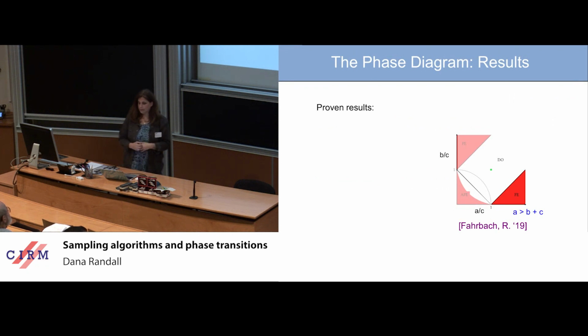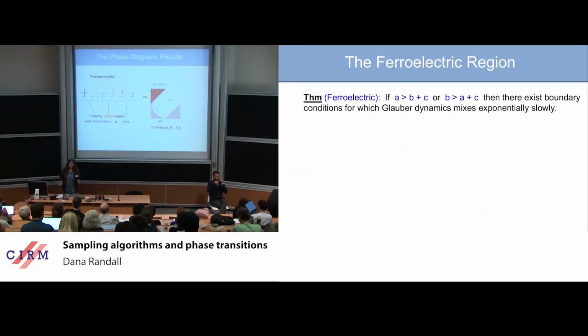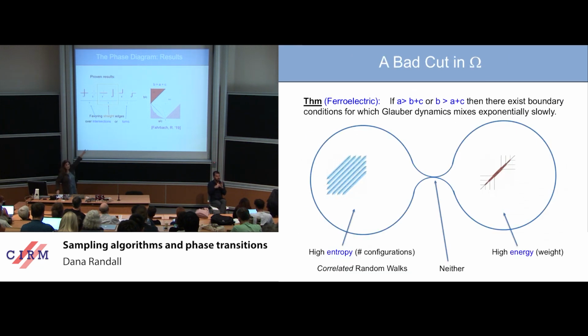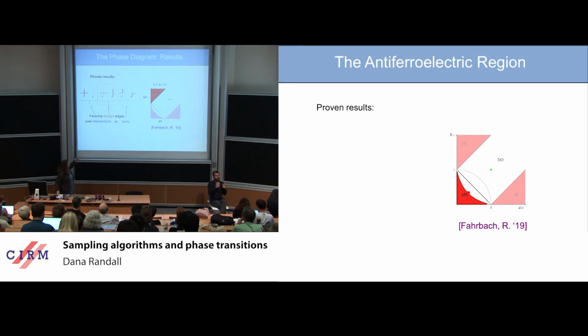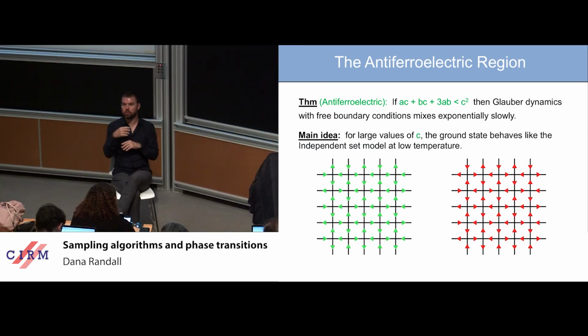Okay, I'm going to start with the ferroelectric region. I told you there's a symmetry, so I'm going to focus just on this top triangle. The top triangle is where B is greater than A plus C, which characterizes that triangle. Let's go back to what that means in terms of these paths. It means that B has the largest weight, and B are the ones that go straight.